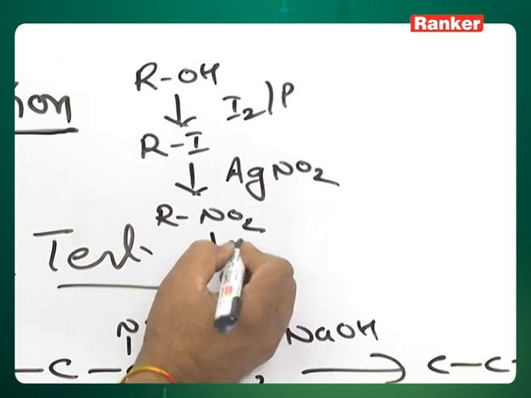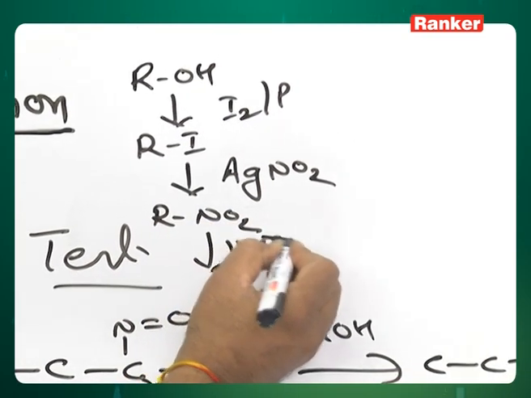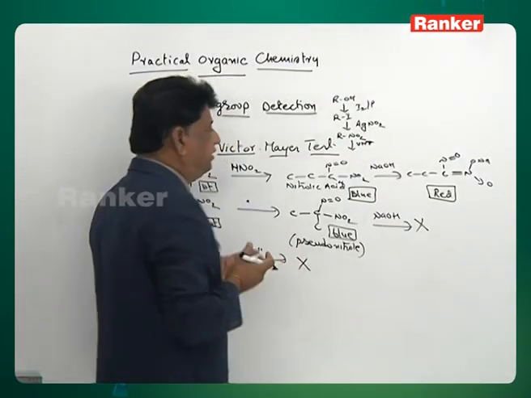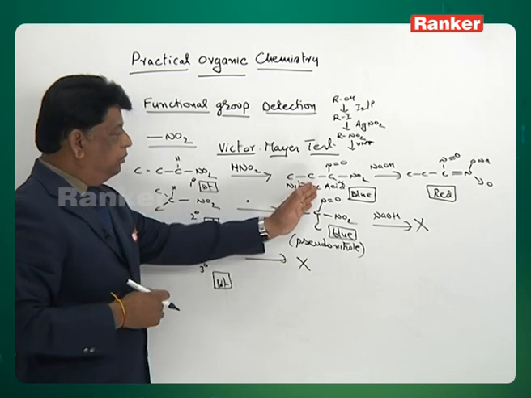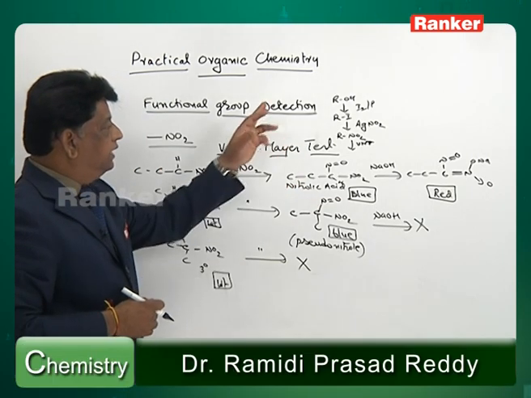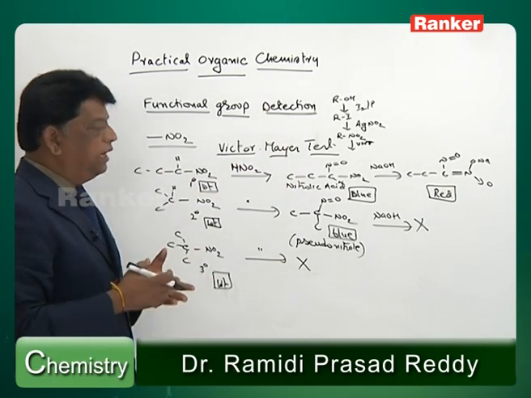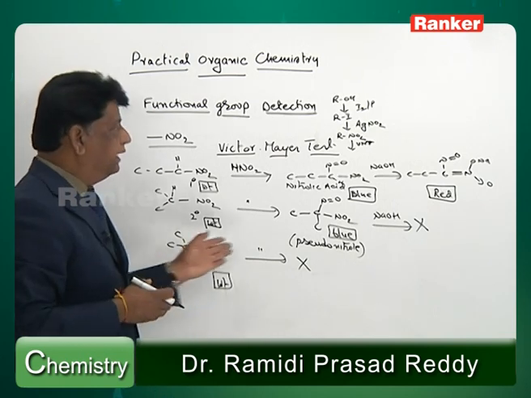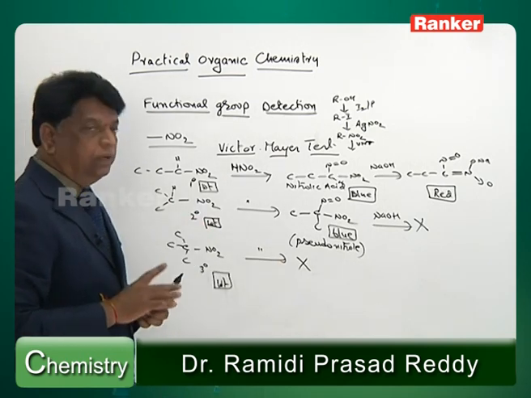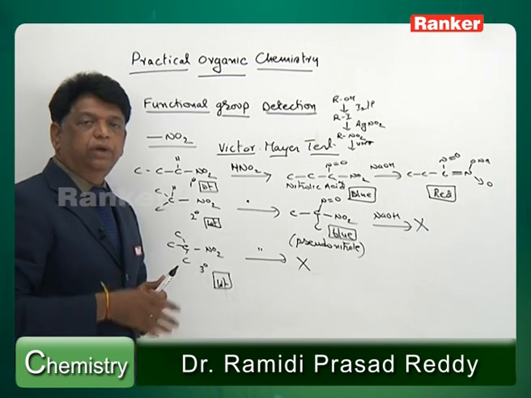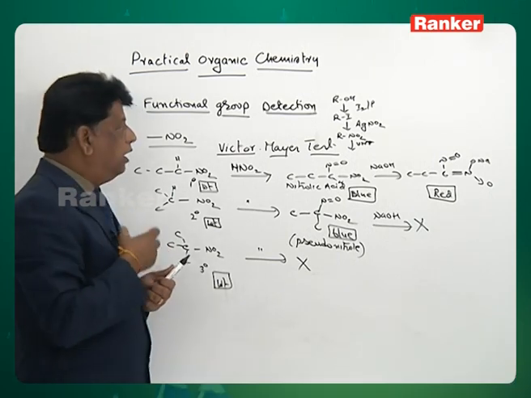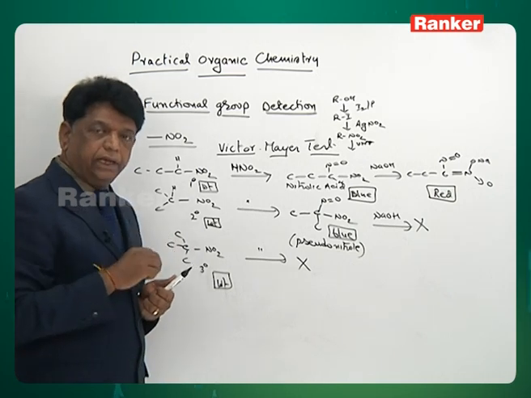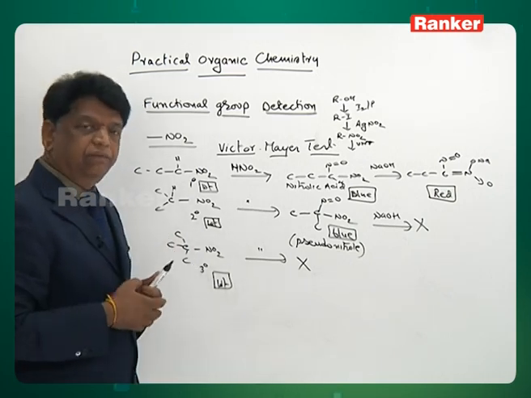Then apply the Victor-Meyer test. If it is 1 degree, you will get white becoming blue, then red. If it is a 3 degree alcohol, a 3 degree nitro is formed, that won't give any test. So people also say alcohols 1 degree, 2 degree, 3 degree, just like the Lucas test, can also be tested with the Victor-Meyer test.